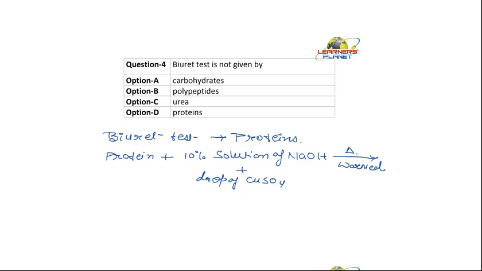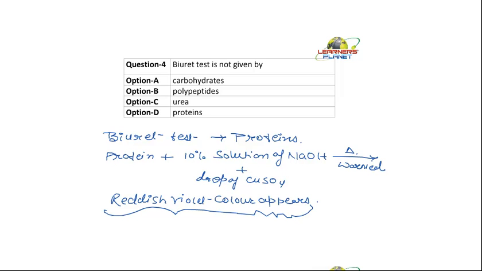There is a reddish violet color that appears. Now this appearance of reddish violet color indicates the presence of amide linkage or peptide linkage, right?